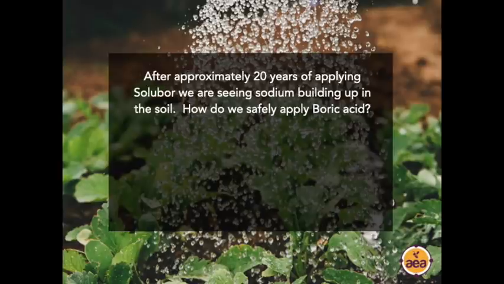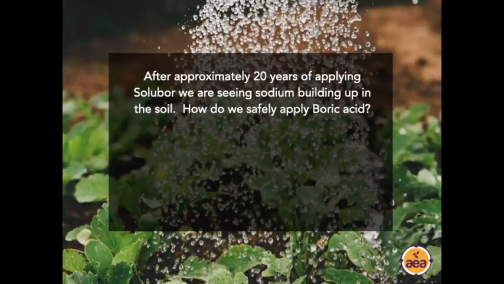Question from Barbara. After approximately 20 years of applying Solubor, we are seeing sodium building up in the soil. How do we safely apply boric acid? First, I would be incredibly surprised if you are seeing sodium building up coming from the Solubor.